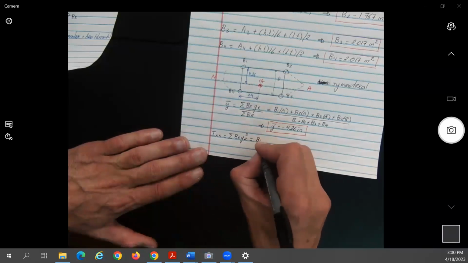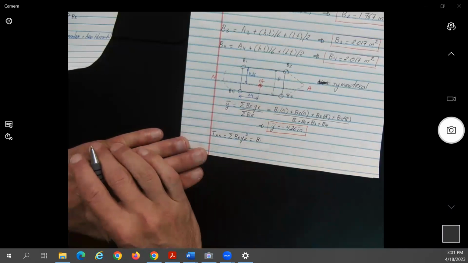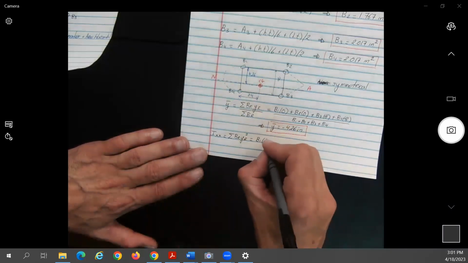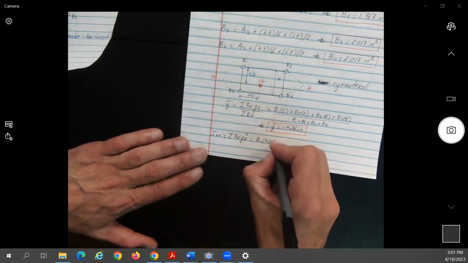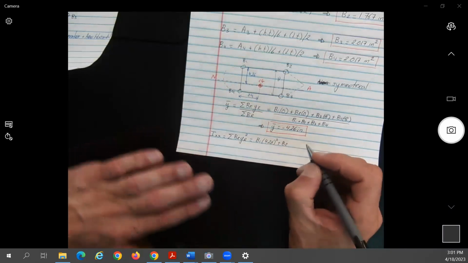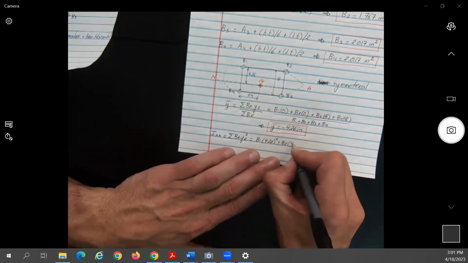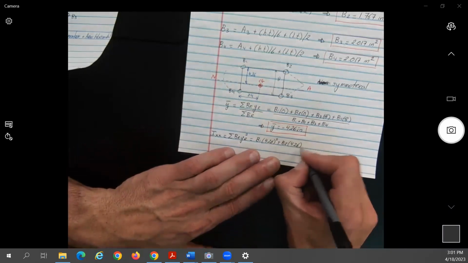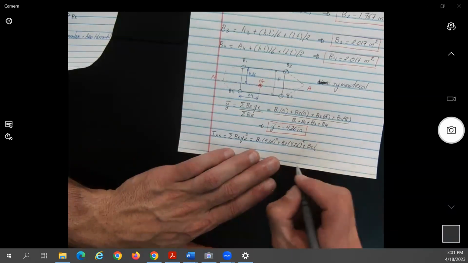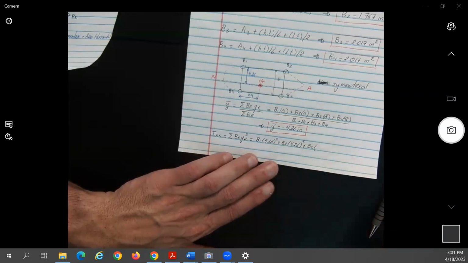B1 times what? What will be the first one? What will be the distance y bar 1? 4.26 squared plus B2 times what? 4.26 squared plus now B3 times what? Whatever that distance is over here.